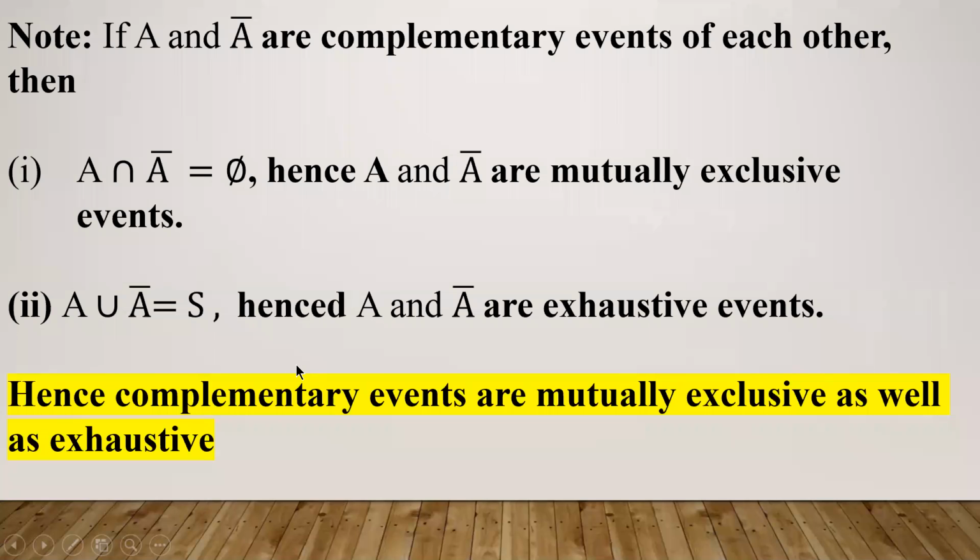Hence, A and A complement are exhaustive events. इसलिए what we can say, hence complementary events are mutually exclusive as well as exhaustive. This is a very important property of complementary events. They are mutually exclusive भी, मतलब उनमें कुछ common भी नहीं होता है, और अगर आपने उनको unite कर दिया तो you get the entire sample space. So they are mutually exclusive as well as exhaustive.